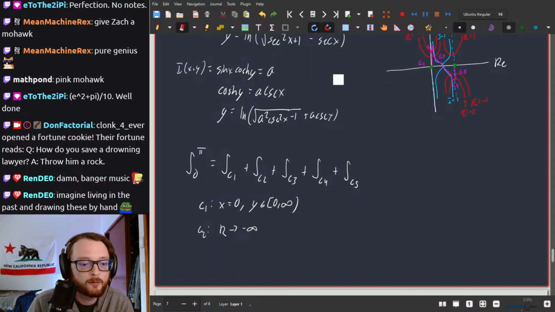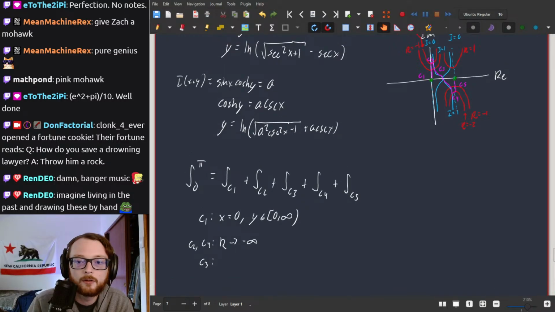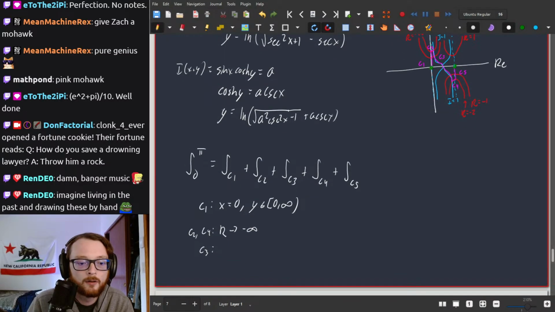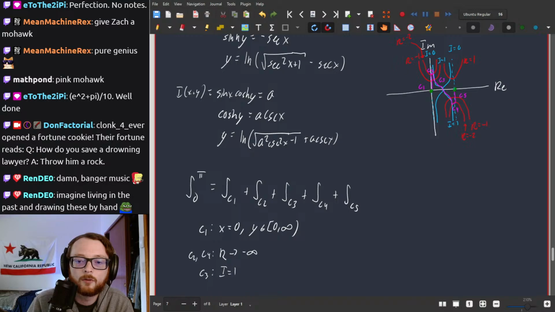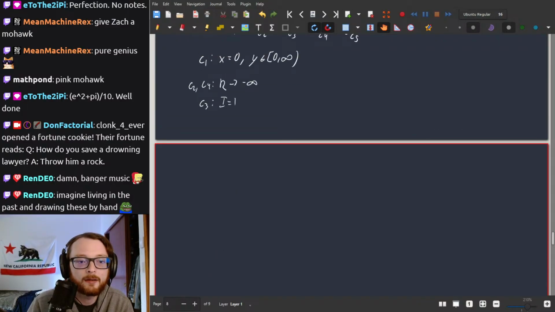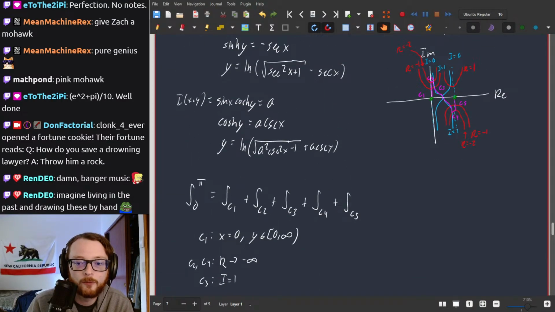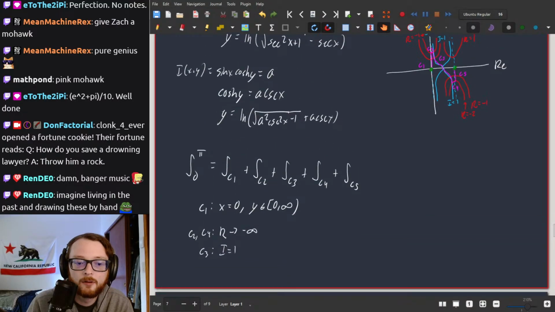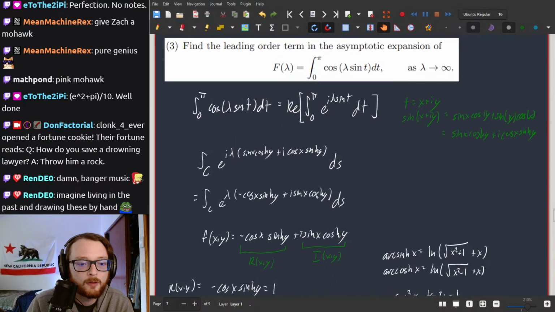C2 and C4, R goes to minus infinity. On C3, we might need to split this up into two separate things. Honestly, I want to bound C2 and C4. That sounds like a nice place to start.